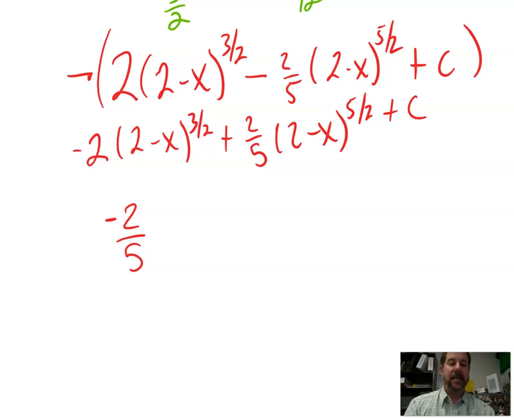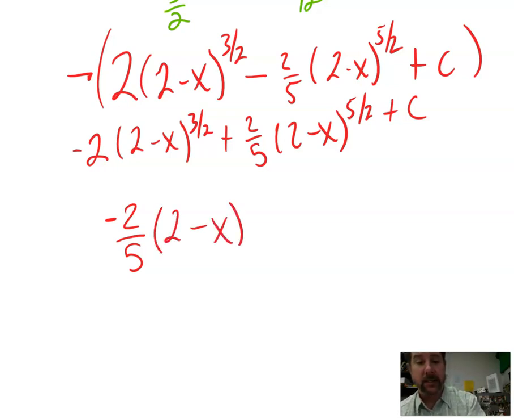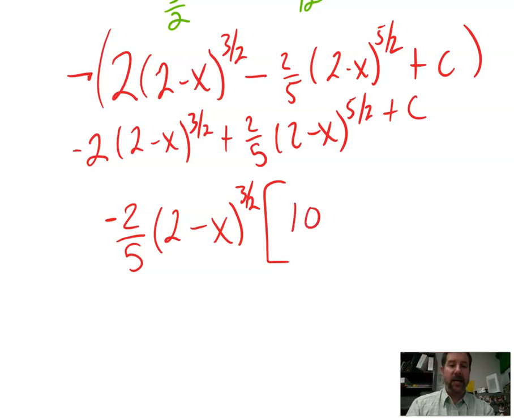So I'm going to take out a negative 2/5 as far as the coefficient is concerned. As far as the term part is concerned, I would take out the lowest exponent. So I'm going to pull out a 2 minus x to the 3/2.